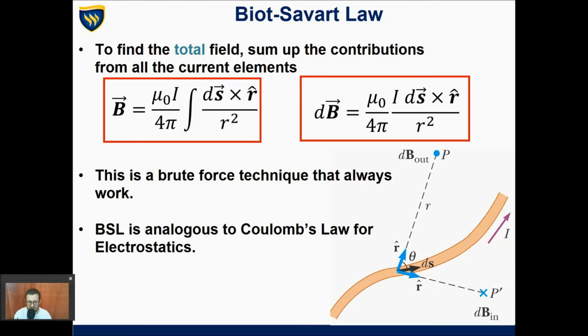It doesn't matter, it will always work. The problem is sometimes the math will be really difficult to do. Sometimes this integral will be very nasty. And so we'll have a way of dealing with highly symmetric situations later, just like we had Gauss's law for highly symmetric situations involving electric charge. We'll have Ampere's law for highly symmetric situations of magnetic fields and so on.